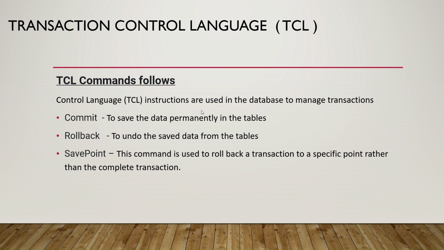Until we issue the commit statement, the data is temporarily residing in a temporary area and doesn't go to the table permanently. In the same way, if you see some issue with the data, we roll back. The data changed or updated as part of the previous transaction will be rolled back.